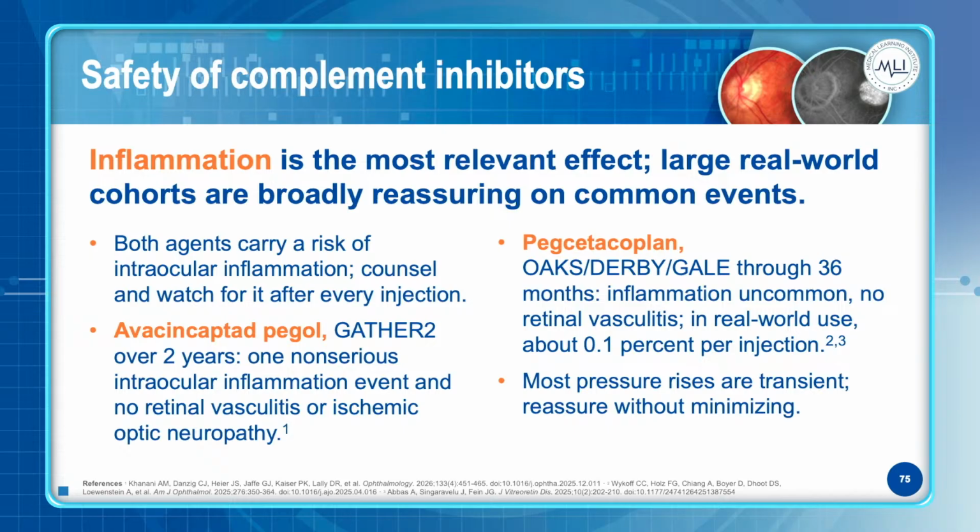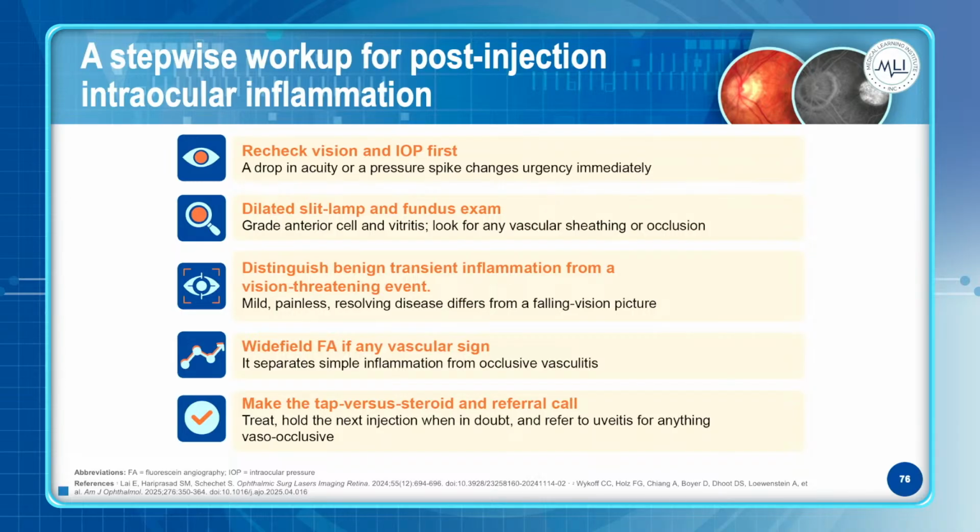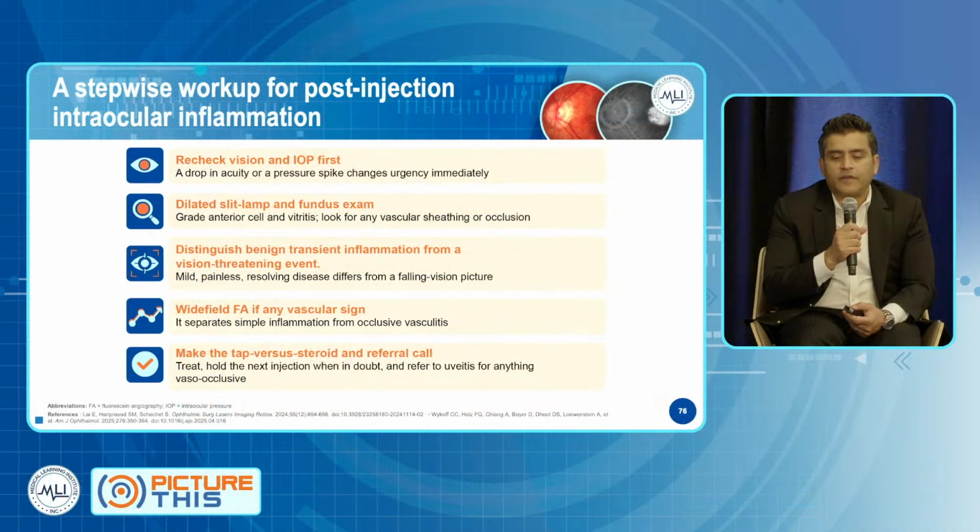These are both 100 microliter injections, so the pressure does go higher. Some patients go dark, so you need to make sure that they can count fingers before they leave your clinic. If you have an injection associated side effect, let's say inflammation, make sure we check the vision and pressure, do a dilated exam, and look at the retina.